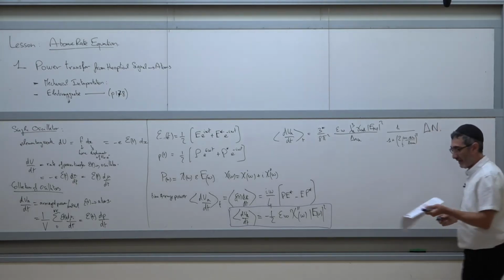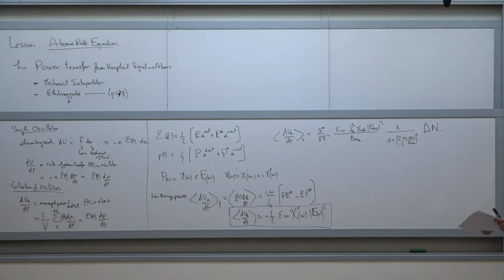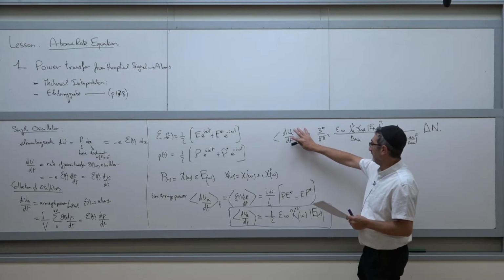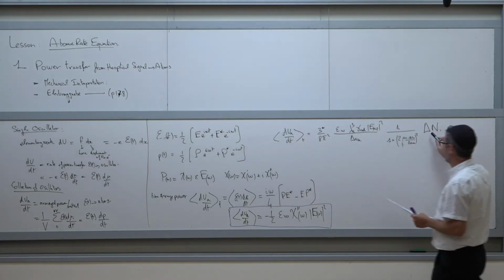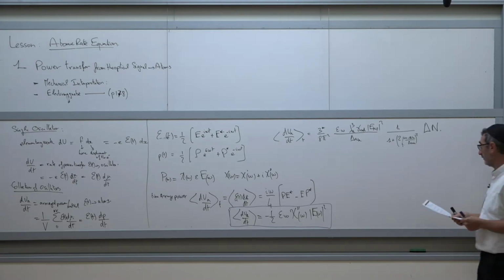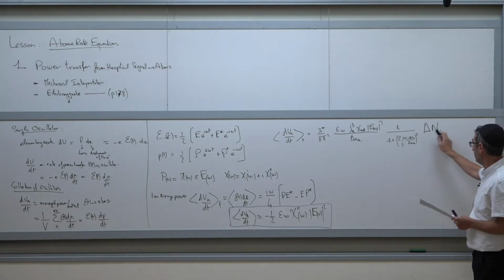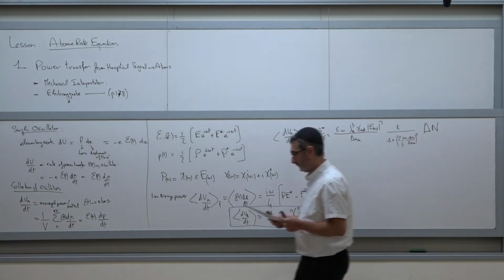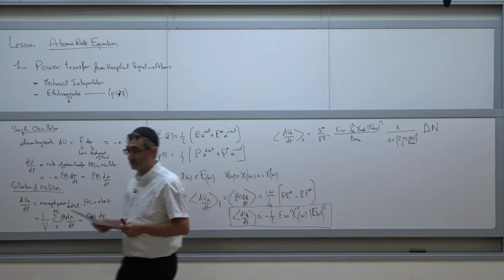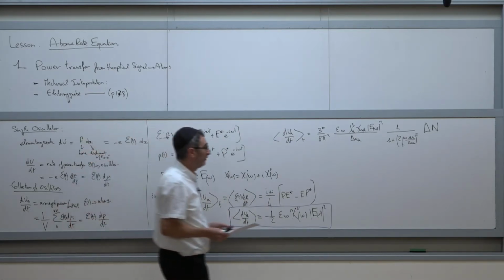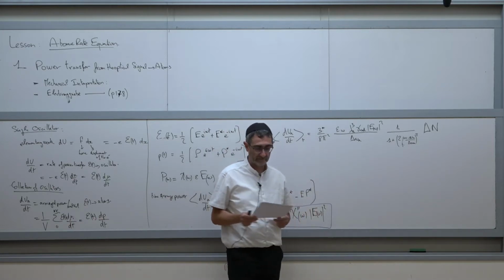I did it on purpose because here what you see is that the energy transfer is proportional to delta n. That's what I was saying at the beginning to introduce this chapter: there is a transfer of energy which is proportional to delta n. And the question is what the atoms are going to do with this energy that they receive.